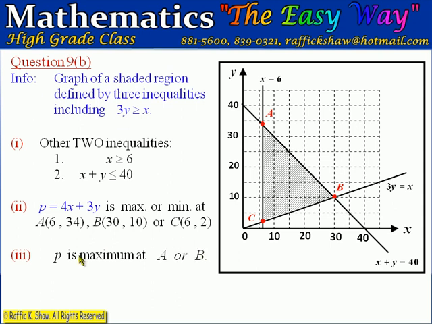So the maximum value of P will be obtained at either point A or point B, but we have to evaluate each one to see which is the greater one. At A, the value of P will be 4 multiplied by the X value at A, which is 6, plus 3 multiplied by the Y value at A, which is 34.